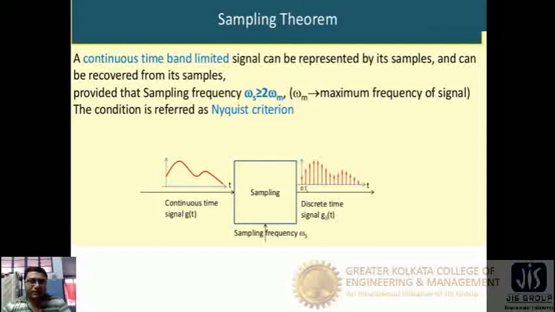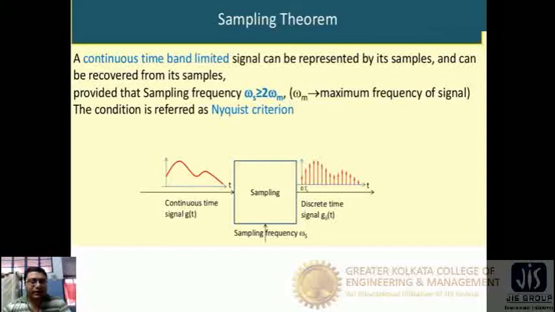It is a very important statement for all of us. It states the nature of the discrete time signal. The theorem states that the sampling frequency should be greater than twice the maximum frequency present in the input signal.